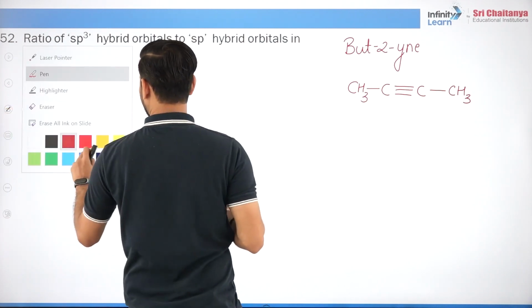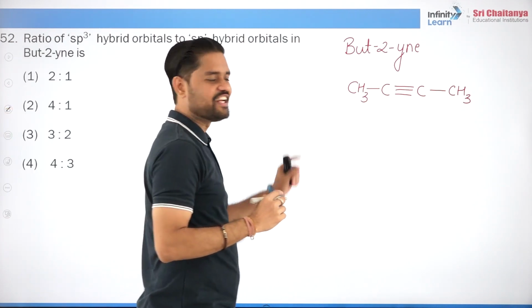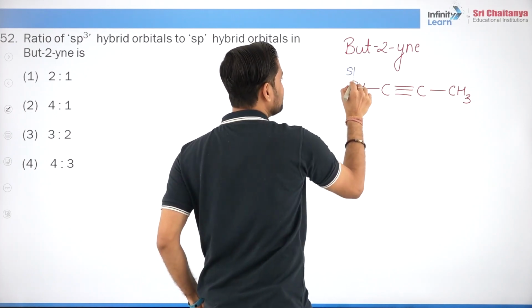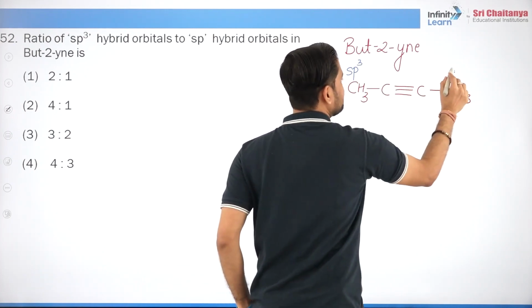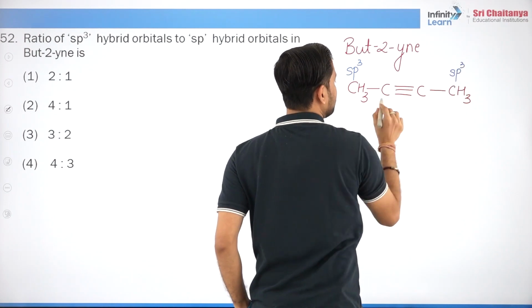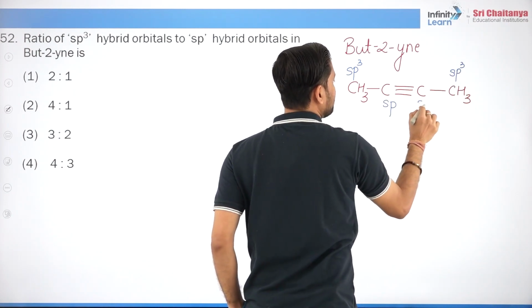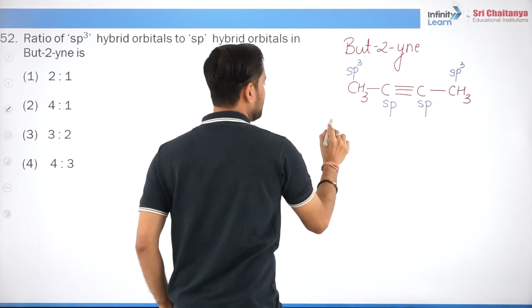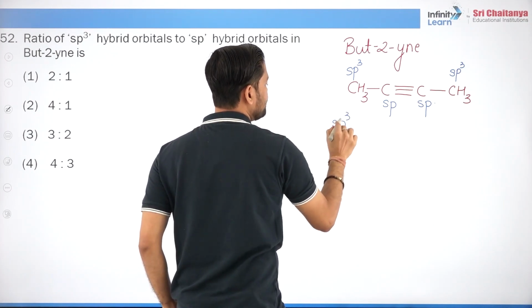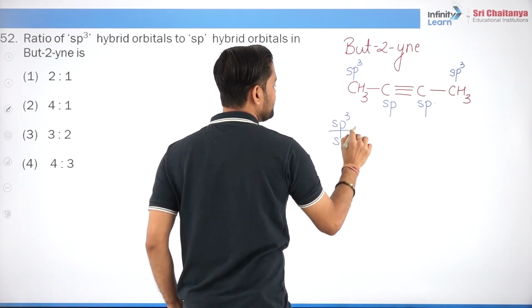Talking about their hybridization, this is sp3, and this is sp3, whereas this is sp and this is sp, and what I have asked is the ratio of sp3 to sp.